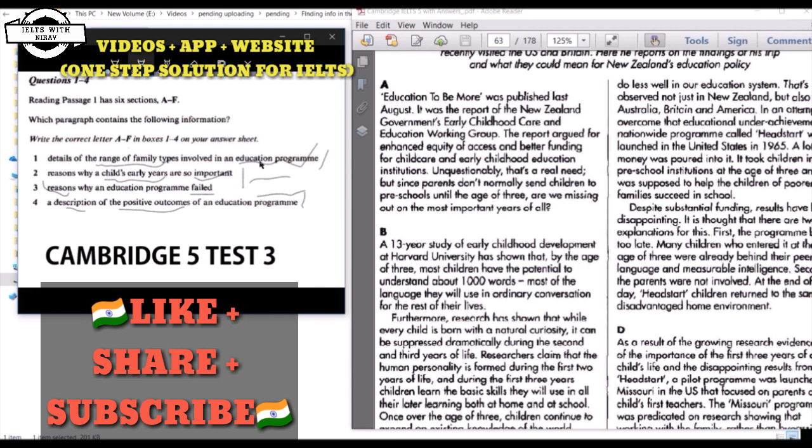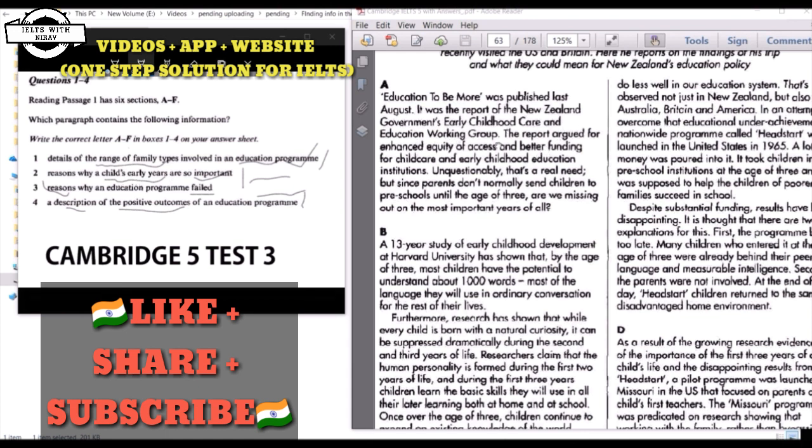So let's start with the first paragraph. The first paragraph is: Education to be more was published last August. It was the report of New Zealand government's early childhood care. So early childhood care, some similar words to child's early years. Let's read ahead.